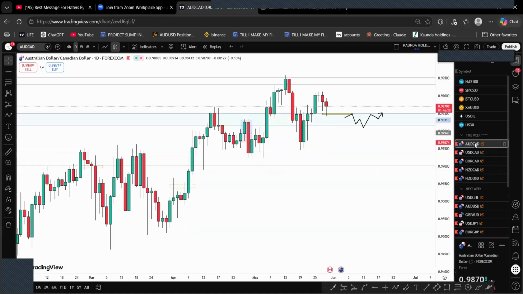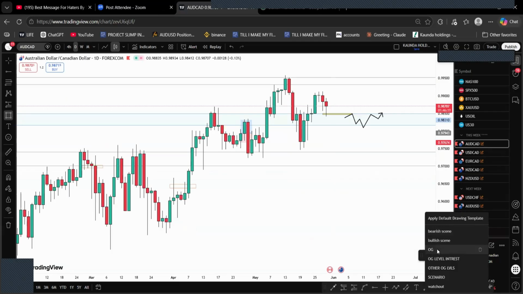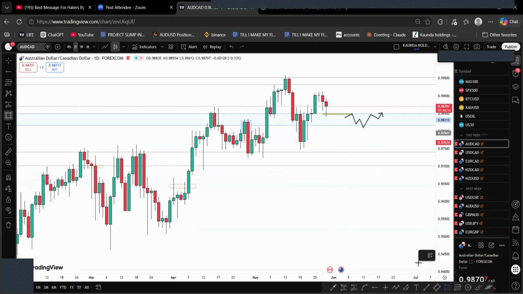Maybe AUD CAD also would have been a nice trade, but you can see price is kind of rejecting. So unless price can also make another lower low tomorrow at this point, then we can expect to look for buys next week. But as of now, none of these trades are giving us anything.